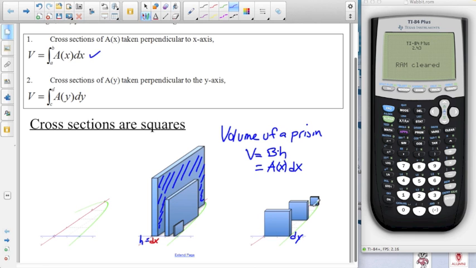Likewise, if we stack them up with the increment along dy, we would have a function in terms of y, and the thickness of each prism is now a dy, and we could get a similar expression. Those are the two expressions, and you have to be careful to use the right expression depending upon whether you're stacking perpendicular to the x-axis or perpendicular to the y-axis.